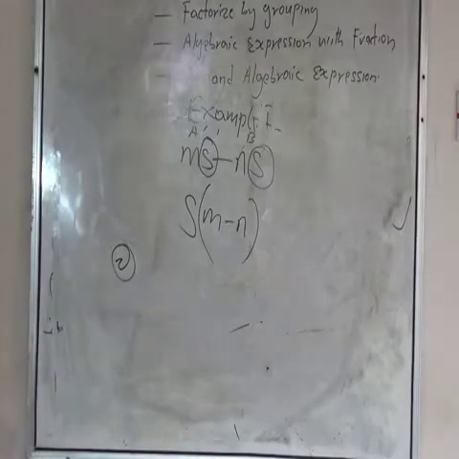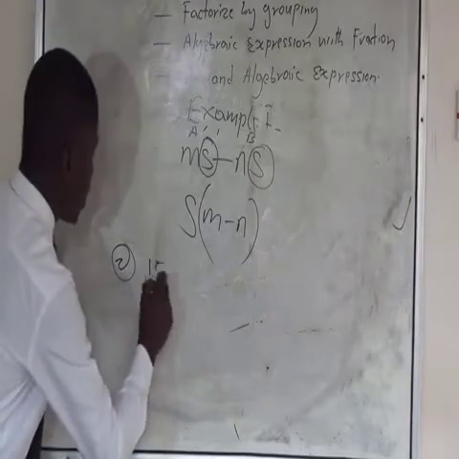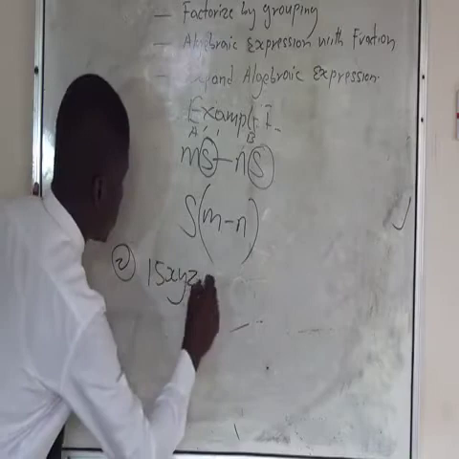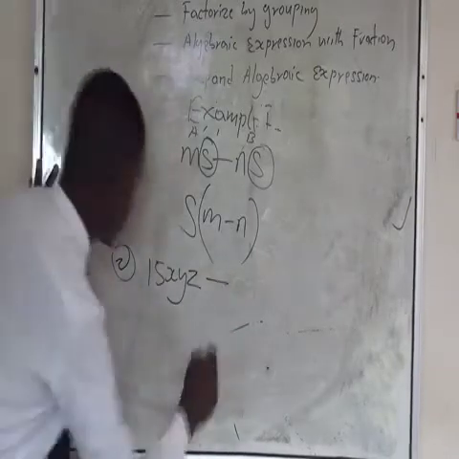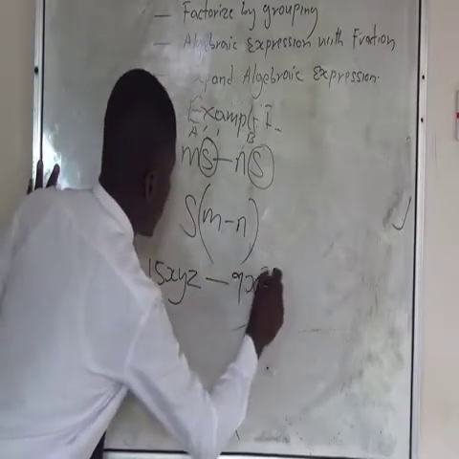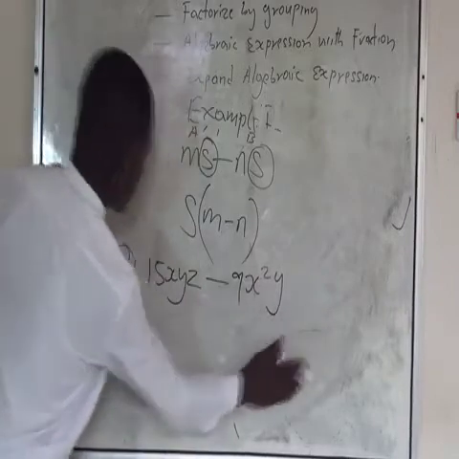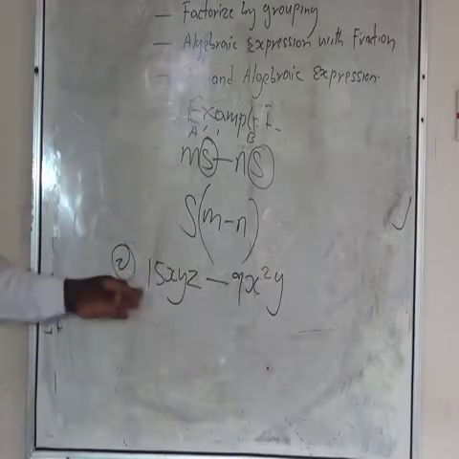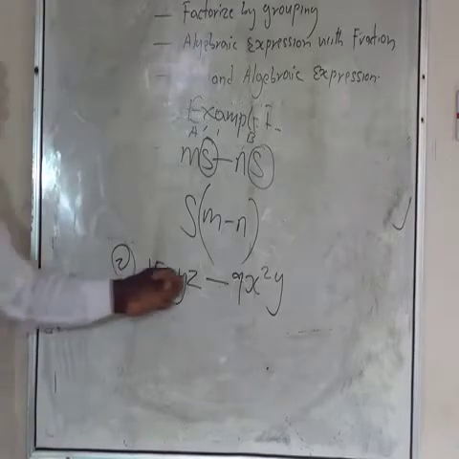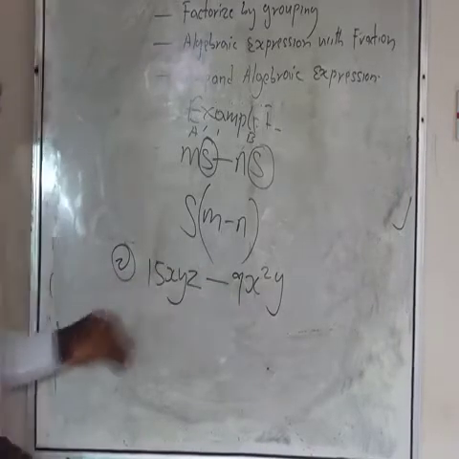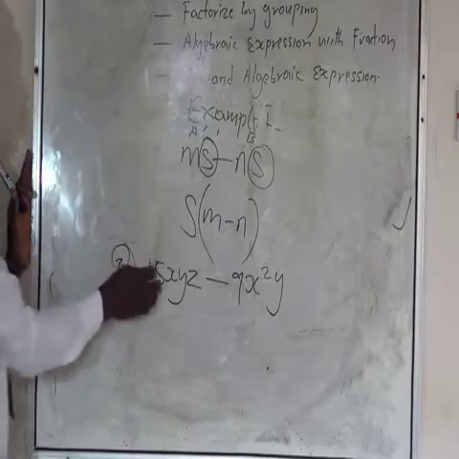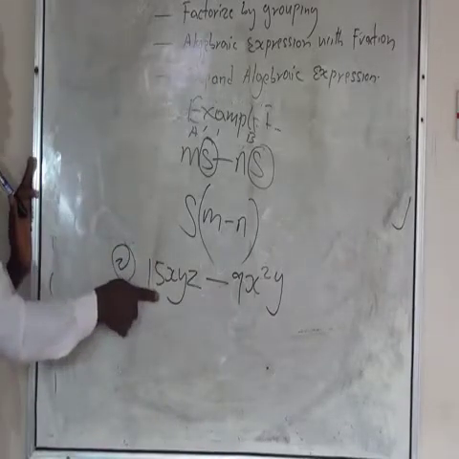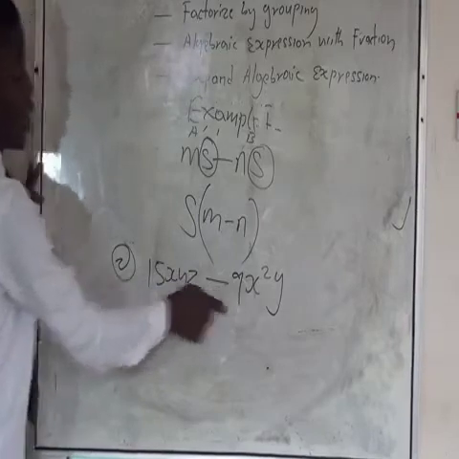Example 2: you have 15xyz minus 9x squared y. What do we do here? We need to find the factors of 15 and 9, a number that can divide 15 and 9. You see that 3 can divide 15 and also divide 9.